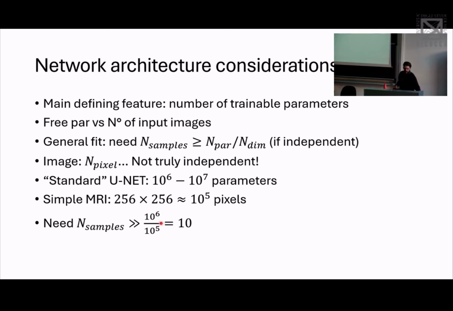Given that the pixels are not independent, you can train a decent network with some 100 samples and it will work well enough.